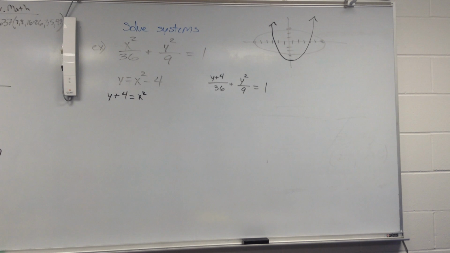Put them all over the same denominator, or how about we even get rid of the denominators? What you said is perfect. Okay? But how about we get rid of denominators? That'd be even better. How could you get rid of the denominators? Multiply everything by the least common denominator, which you would have done by creating everything to have the exact same denominator.